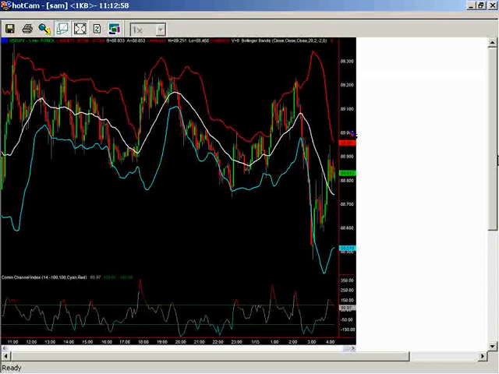We had two sets of phones, the institutional lines and the retail lines. And the retail group would always come in and buy where all the supply was, just like they would always come in and sell where all the demand was. That group was constantly making two mistakes. They would be buying after a period of buying, selling after a period of selling.